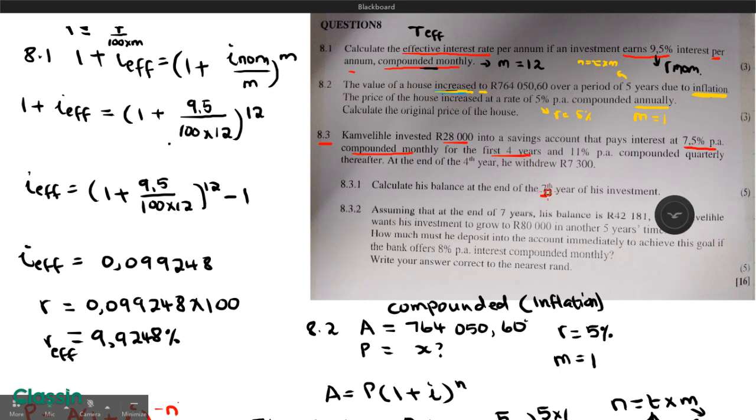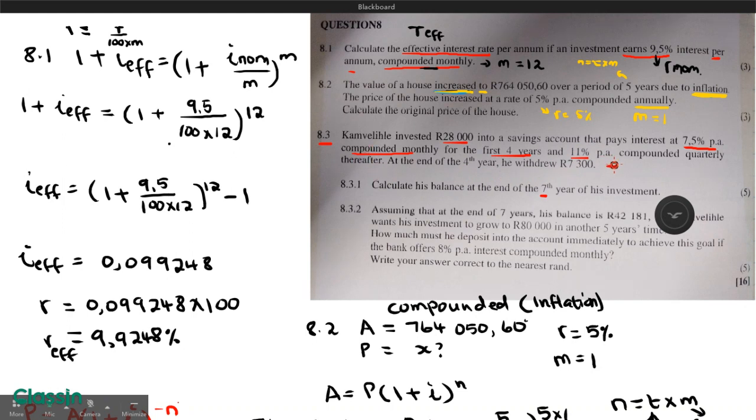Because it's 7 years, for the remaining 3 years, that is why they say 11% per annum compounded quarterly thereafter. The interest rate changed. At the end of the 4th year, he withdrew this. So the interest rate changed and also there was a withdrawal.